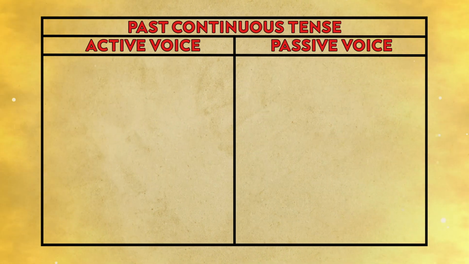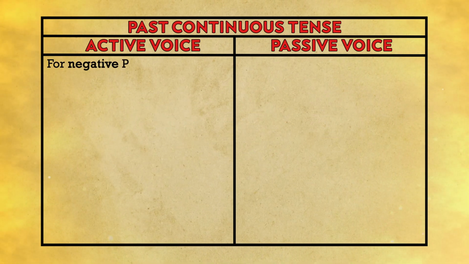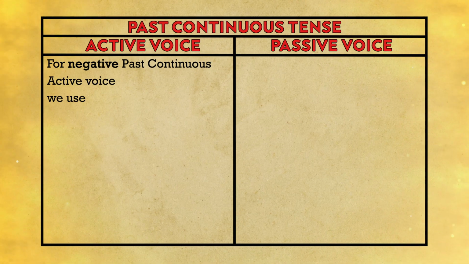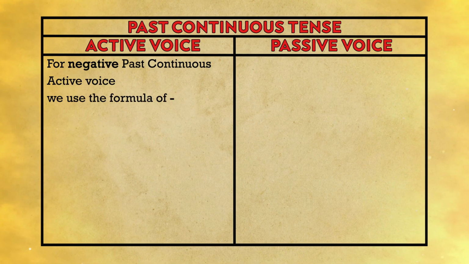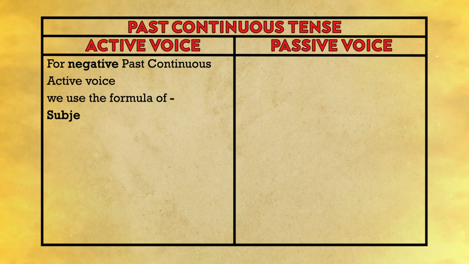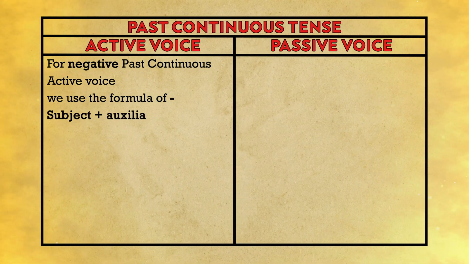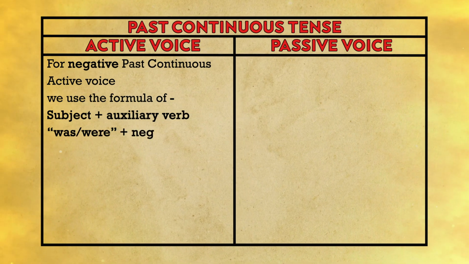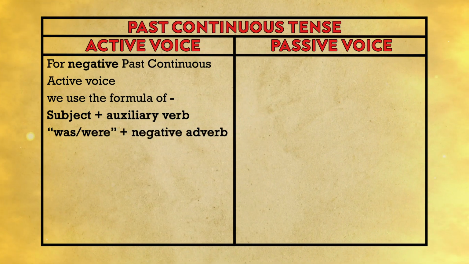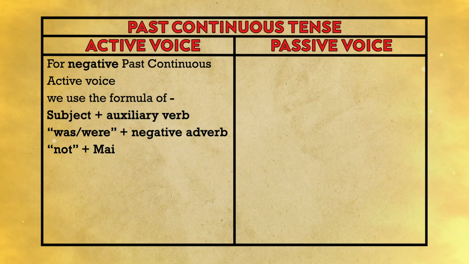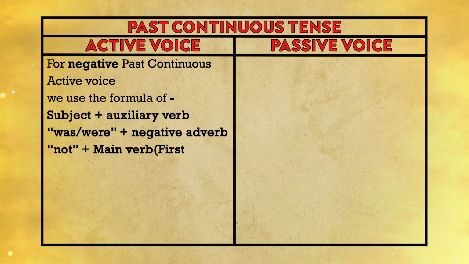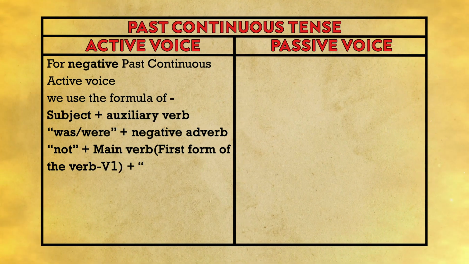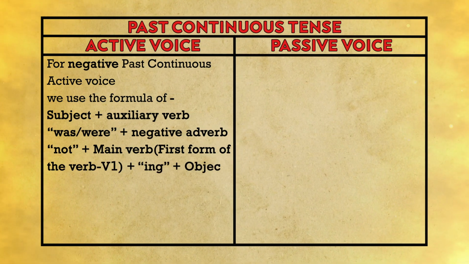Now, the structure formula for past continuous, negative active sentences is as follows. Subject plus auxiliary verb, that is was or were, plus not, plus main verb, that is verb 1, plus ing, plus object.